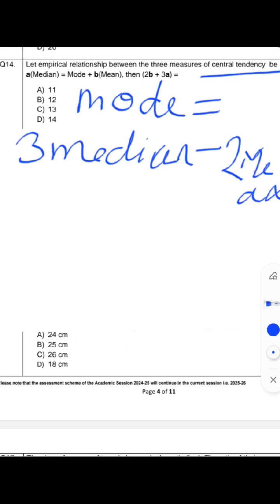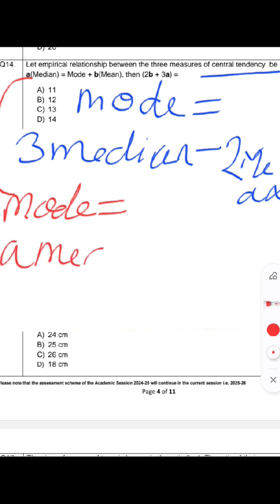So here the formula of the mode is this, and my dear students, you know what is given in the question: mode equals a median minus, if you take this b to this side, it comes with a negative sign, b mean.